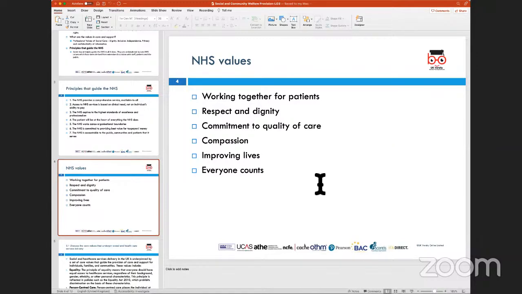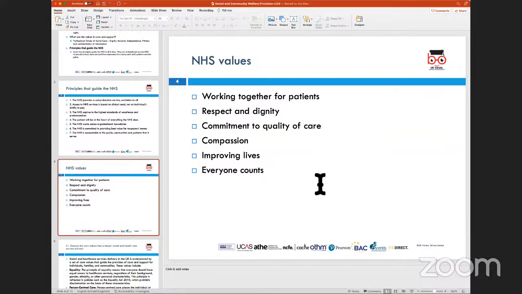Obviously, as an organization, the NHS looks at recruiting people who are compassionate. They are able to show empathy. They are able to understand the needs and requirements of the patient and the people coming in to take the service. So as an organization, the NHS is overall considered to be compassionate as compared to some of the other businesses or other public sector organizations. What is the main aim of the NHS, or the National Health Service?